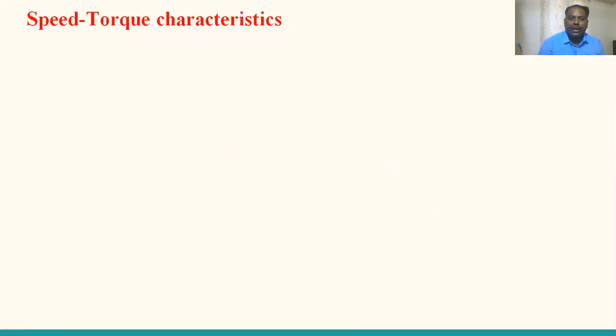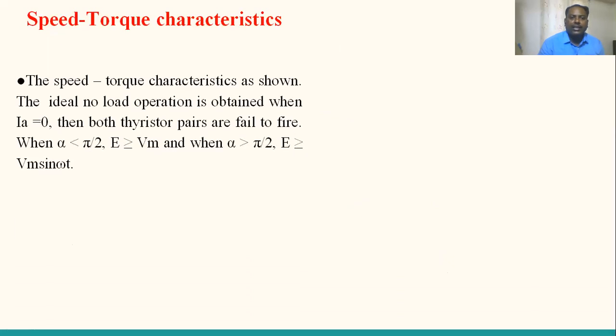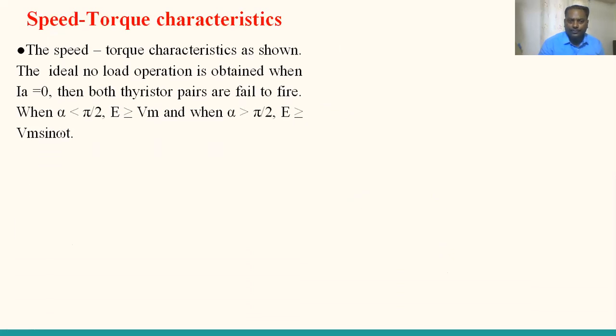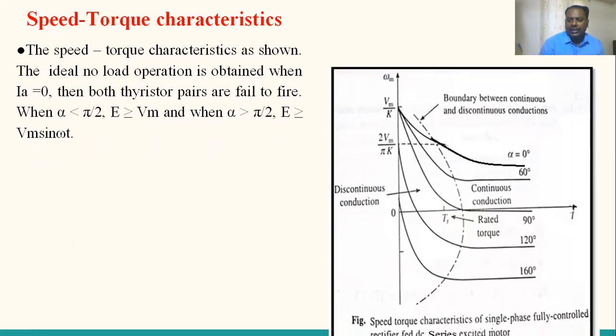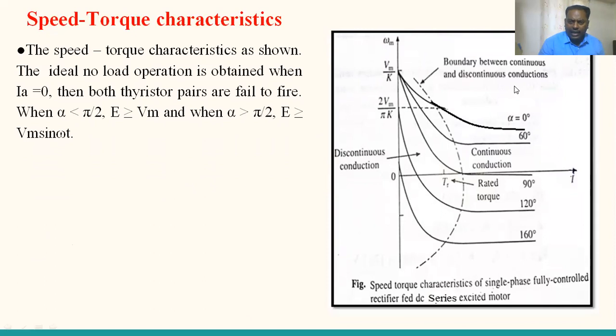So let us draw the speed torque characteristics of the drive. The speed torque characteristics are as shown. I already mentioned that the characteristics are similar to those of the separately excited motor, and you can draw the characteristics accordingly. Everything is the same except that the nature of the characteristics is somewhat hyperbolic.